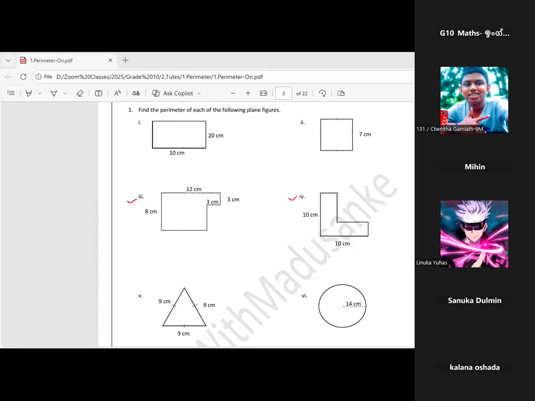Super. Another 10 seconds remain. Prabhasha second place, Linuka third place, Nimra fourth place. Nice.